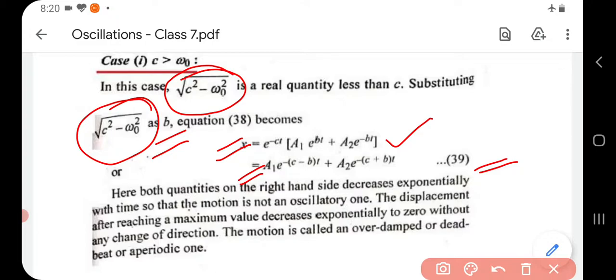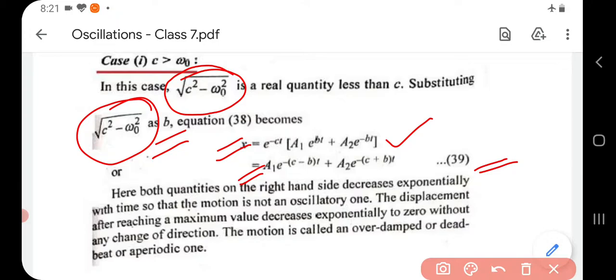Now you can see that both quantities on the right hand side decrease exponentially with time. That means the motion is not oscillatory. Now the displacement x reaches a maximum value. After reaching the maximum value, it will decrease exponentially to 0 without any change in direction.